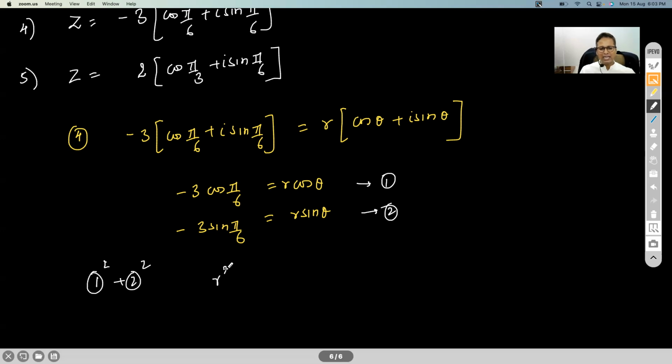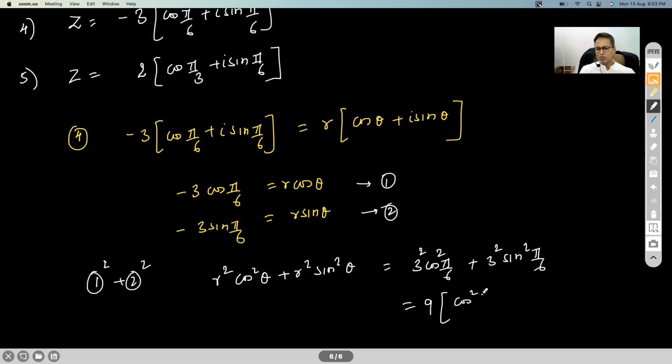When I do that, I get R square cos square, R square sin square. Here also I'll end up getting 3 cos pi by 6 square, and here 3 square sin square pi by 6. So take a 3 square, which is 9, common. You end up getting cos square pi by 6 plus sin square pi by 6, which is happily 1.